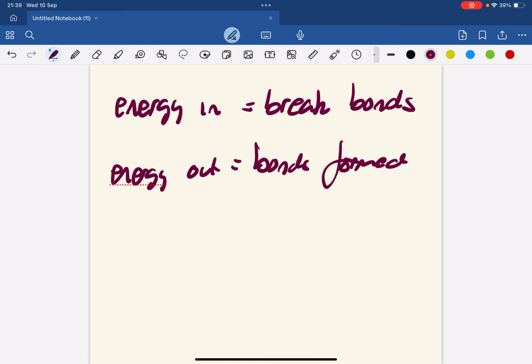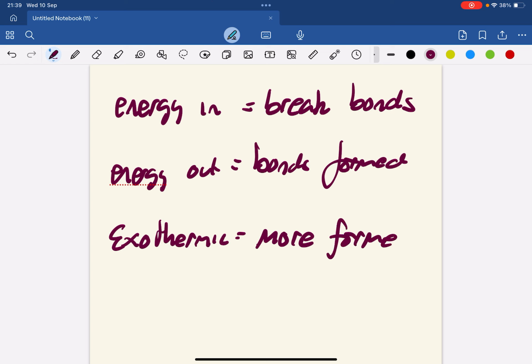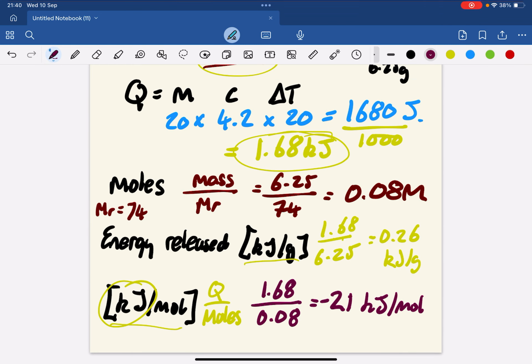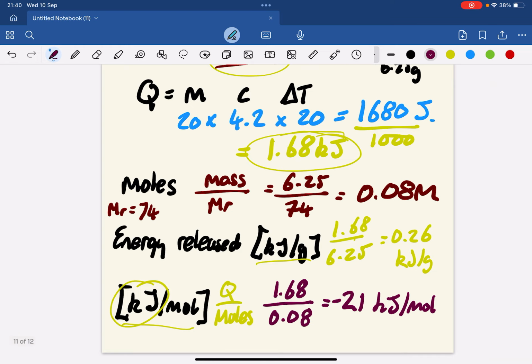So in an exothermic reaction, more bonds are formed than are broken, and that's simple combustion. And because it's exothermic, really, we should have a little minus sign there.